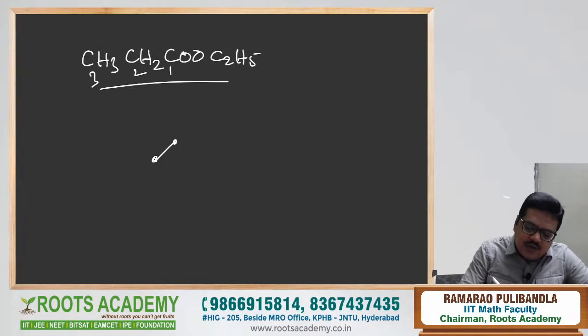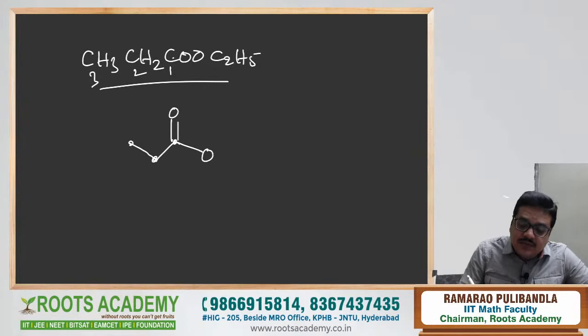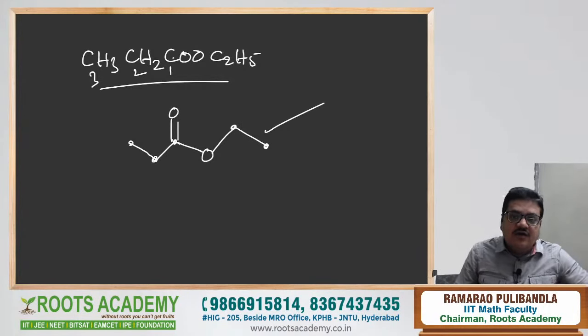First I write these carbons. After that, this carbon is connected by oxygen, double bond O, and single bond O. Next, C2H5 can be written as 1 and 2 carbons. This is the bond line notation of an ester.